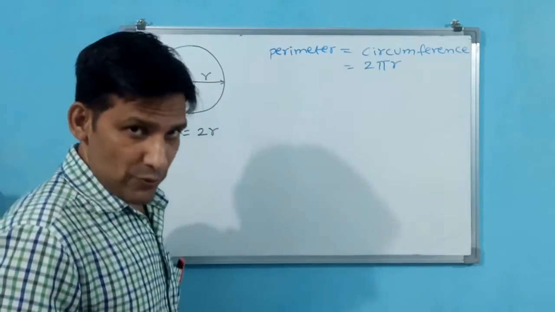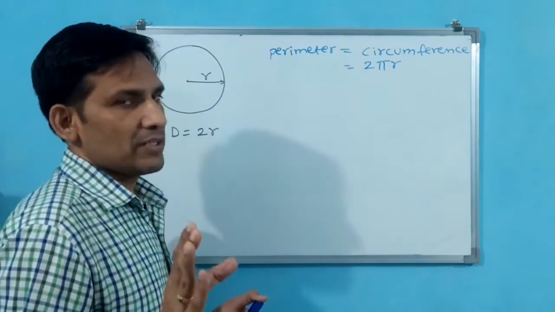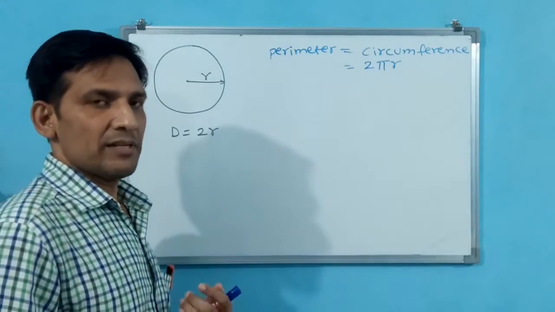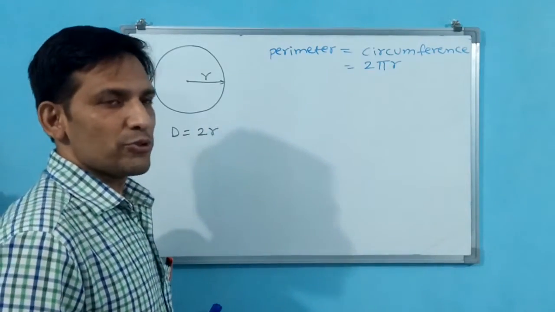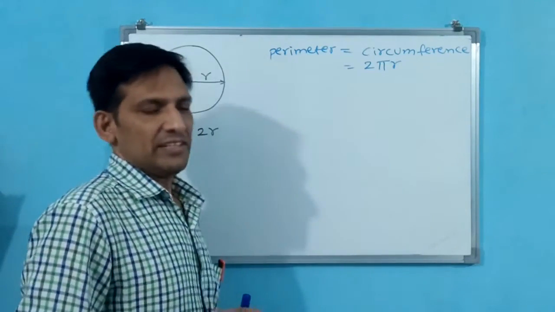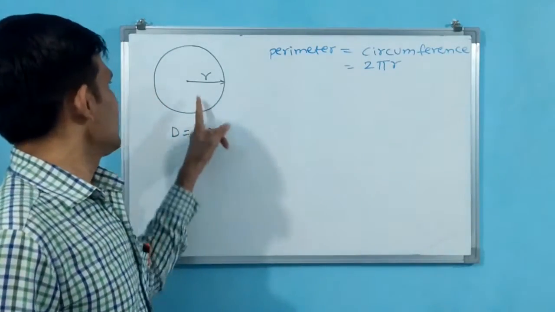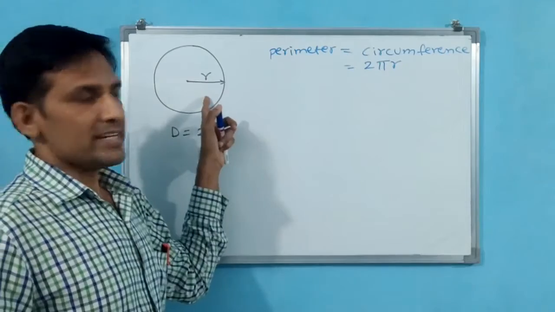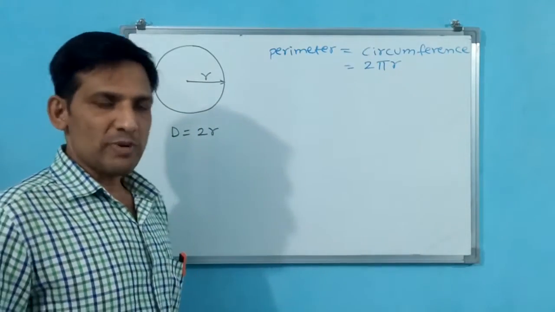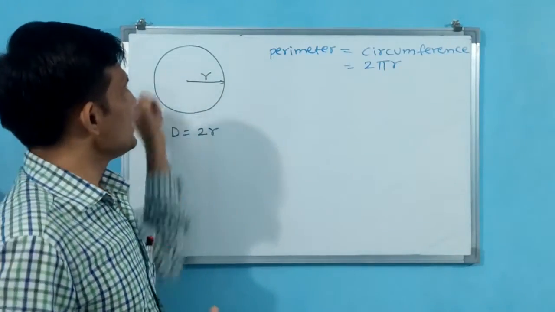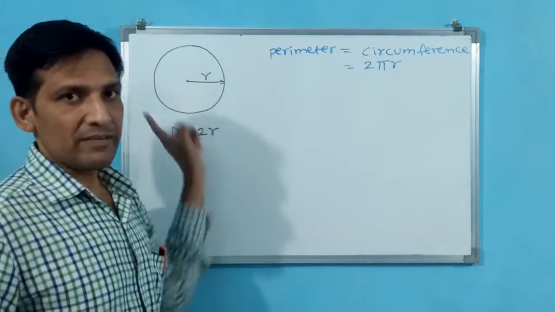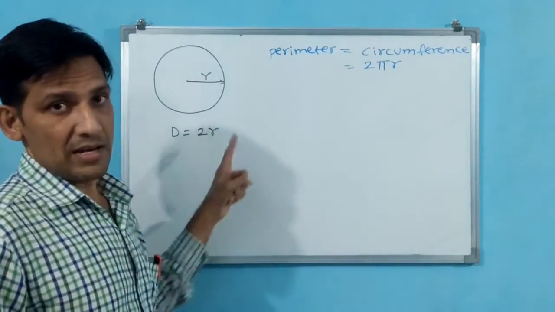Pi value you can take 22 by 7. Approximate value I am talking about, not exact. Pi is not equal to 22 by 7 exactly, but approximately you can take 22 by 7. R is radius, I have already explained to you. 2 pi r is the perimeter or circumference of a circle.